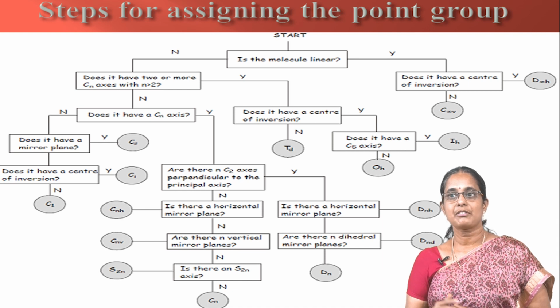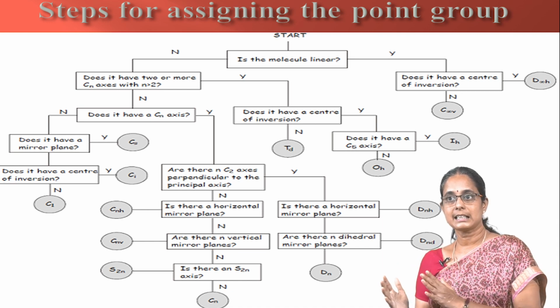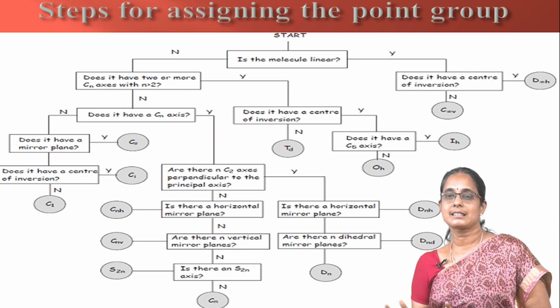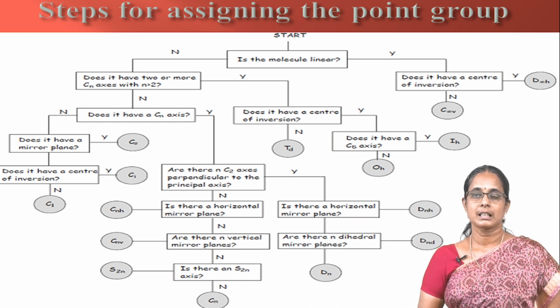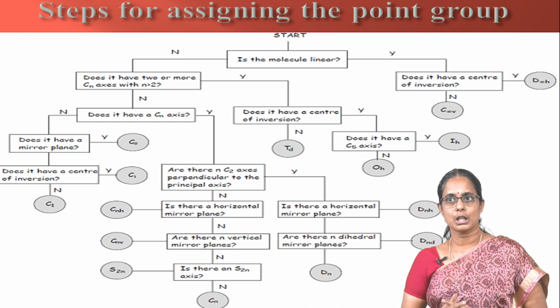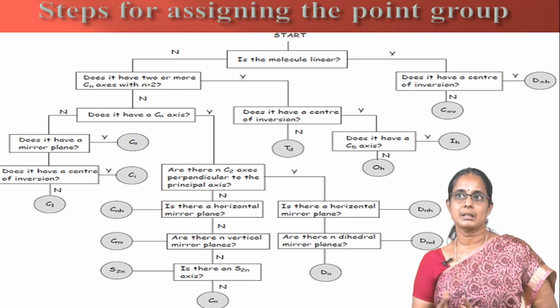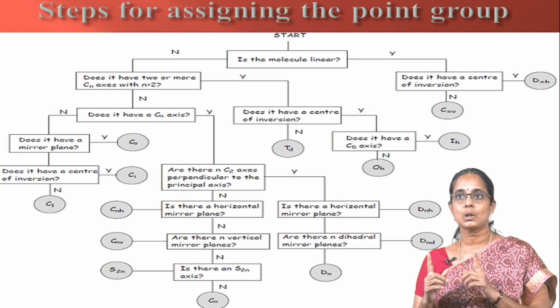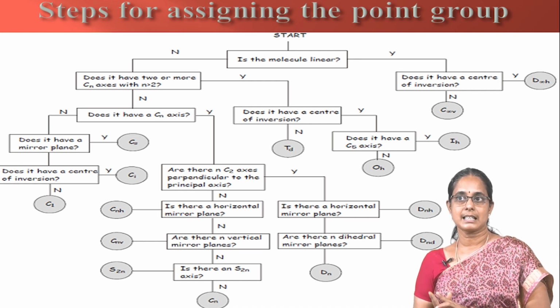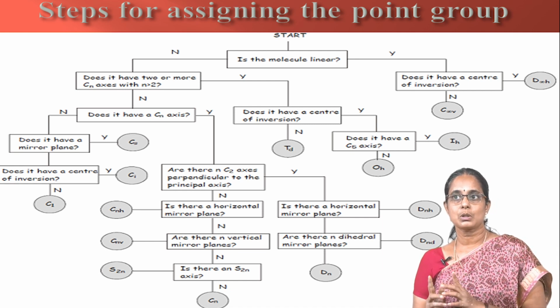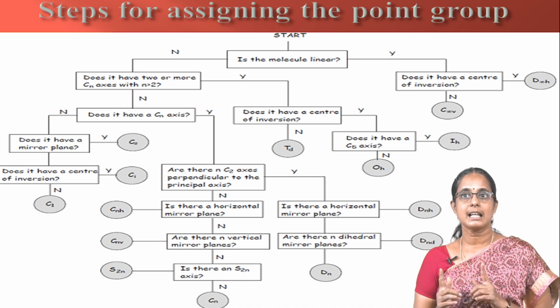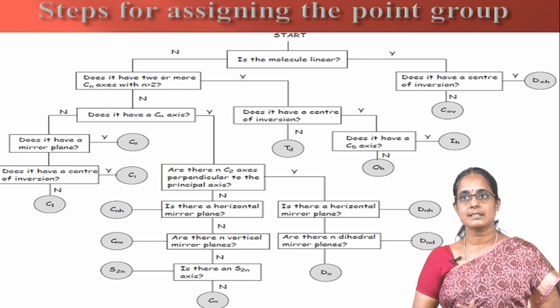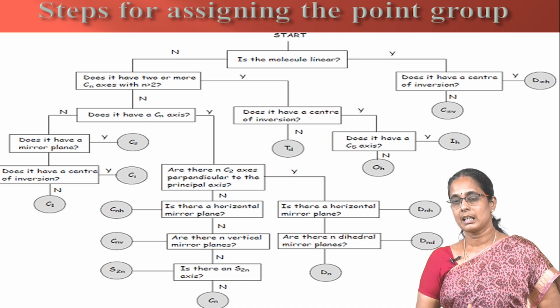If not, it is in either the C or S set of point groups. Determine whether the molecule has a horizontal mirror plane, sigma h, perpendicular to the principal axis Cn. If so, the molecule is in either the Cnh or Dnh set of point groups.